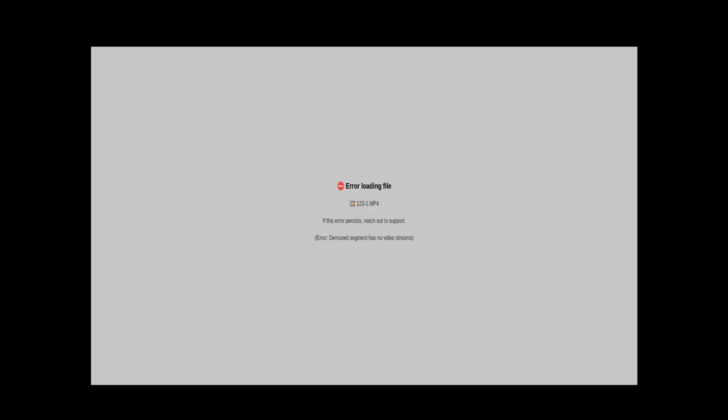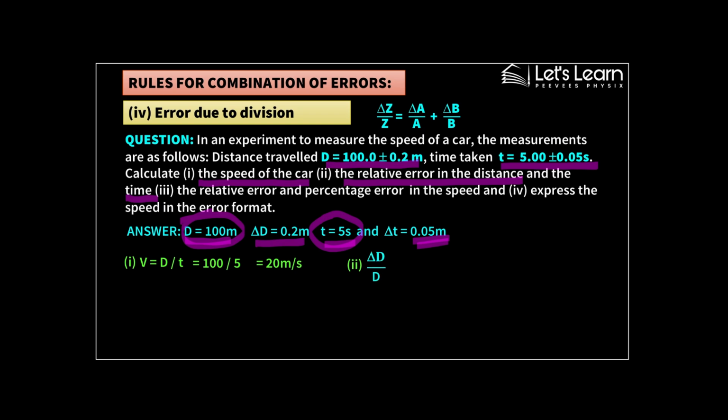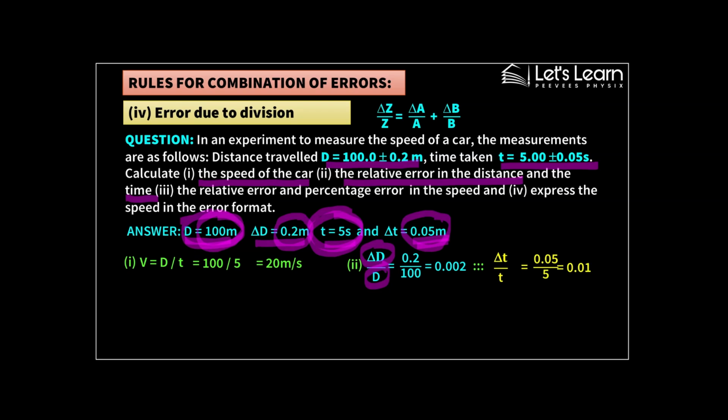It's not over. Now they wanted relative error in distance and relative error in time. To get the relative error in distance, absolute error in distance divided by true value of distance. 0.2 divided by 100, which gives you 0.002. Relative error in time, absolute error in time measurement divided by time, which is 0.05 divided by 5, which gives you 0.01.